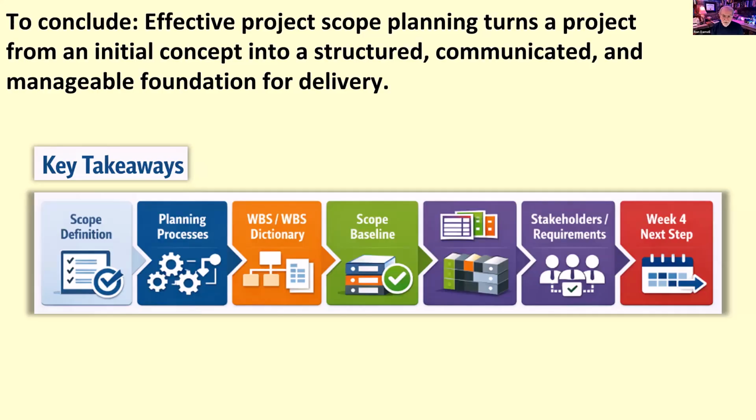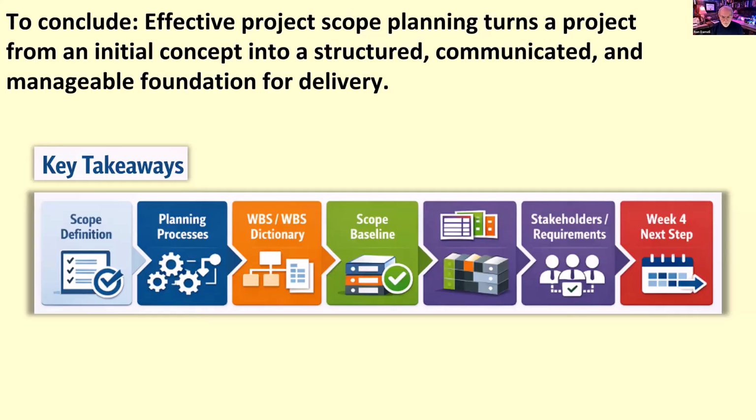Another point is that the WBS and the WBS dictionary help make the project work easier to understand and manage by organizing it into structured components and then clarifying those components with supporting detail. Together with the project scope statement, they form the scope baseline, which serves as the approved reference point for understanding project scope and future performance measurement.